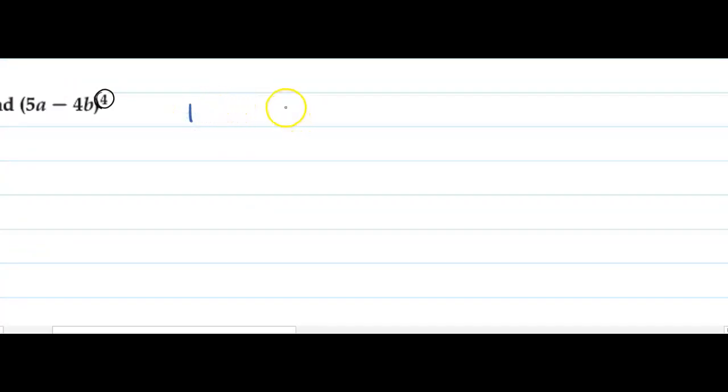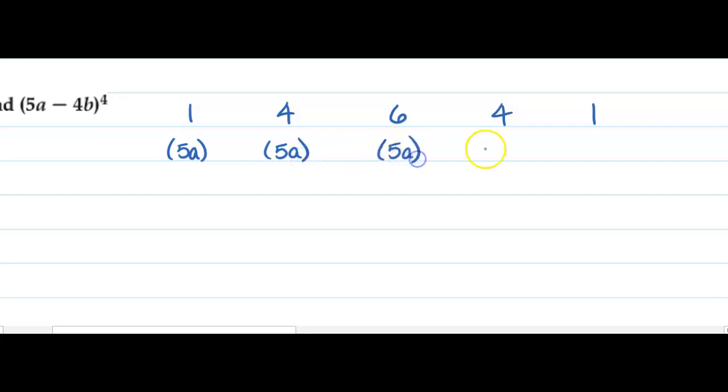I'm going to give myself plenty of space. Notice when it's to the fourth power, we end up with 5 columns. I'm going to have 5a going across this row. I'm going to have 4b going across the next row.